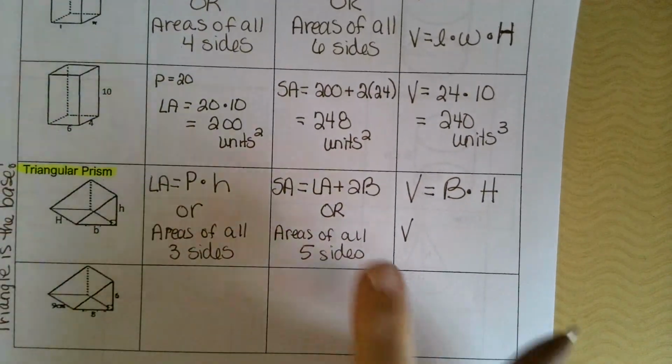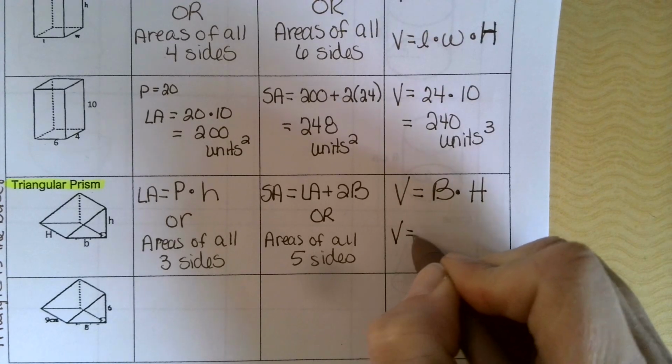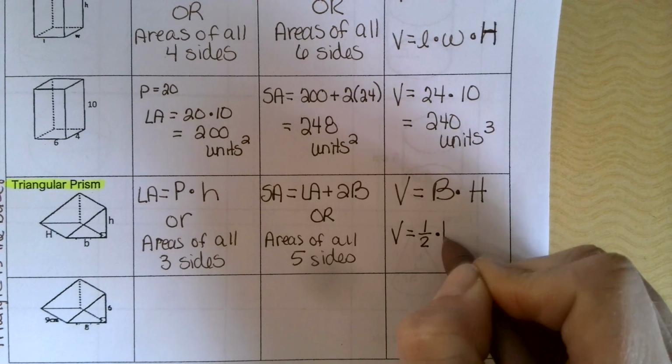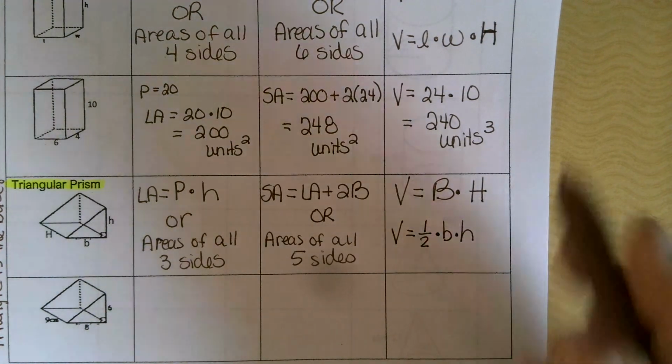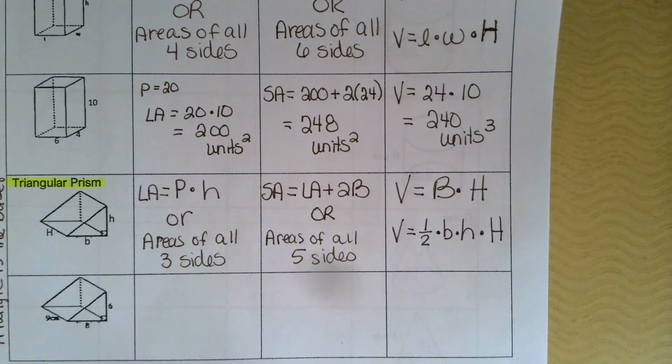If I'm looking at the actual formulas, the area of the base is a triangle. That's the area of the base, but then it's times the height.